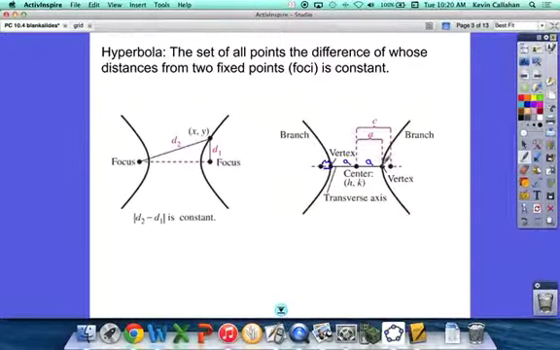But when I subtract the distance from that vertex to that focus, that's the same little piece. So what do we get when we subtract? 2A. Right? Whatever this difference is, it's 2A. So if it works that way for the vertices, it's got to work that way for every point on there. So for every one of these points, the subtraction is 2 times A, where A is the distance from the center to the vertex.